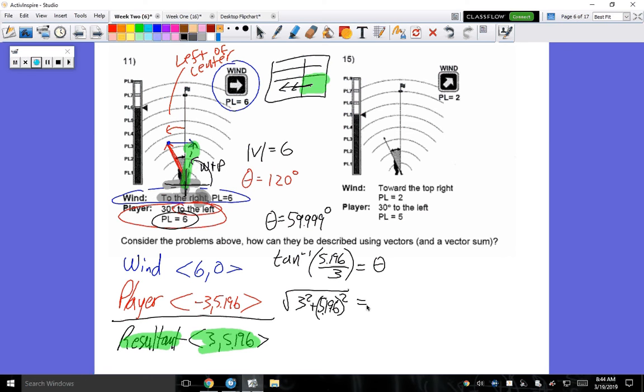Now let's see how far, which is the resultant, the magnitude, let's see how far it will actually travel. So we're going to do the square root of 3 squared plus 5.196 squared. Take the square root, and the resultant would be 5.999, otherwise 6 is that power level.